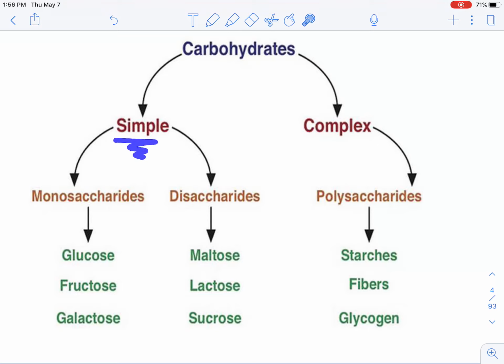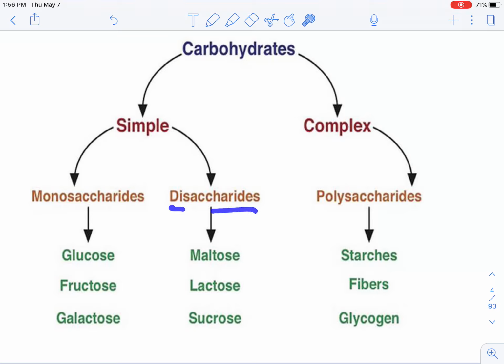For simple carbohydrates, we can talk about monosaccharides or disaccharides. For complex carbohydrates, we can talk about polysaccharides. The prefix mono or di represents 1 and 2 respectively. So mono is 1, di is 2. Saccharides means sugar. If you have a simple monosaccharide, then that specific compound, such as glucose, fructose, or galactose, is just going to be composed of one sugar molecule.